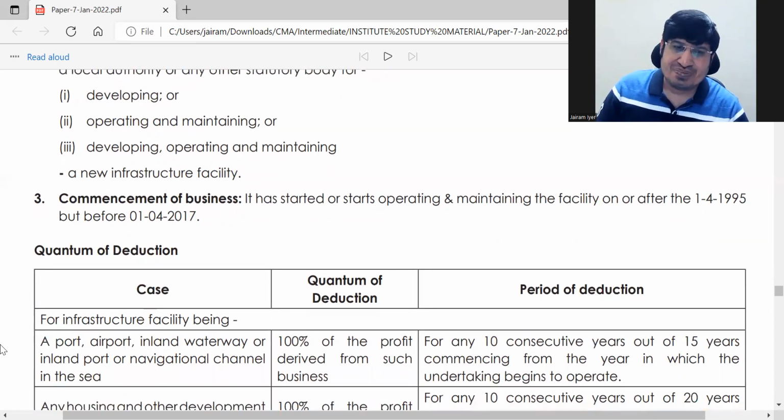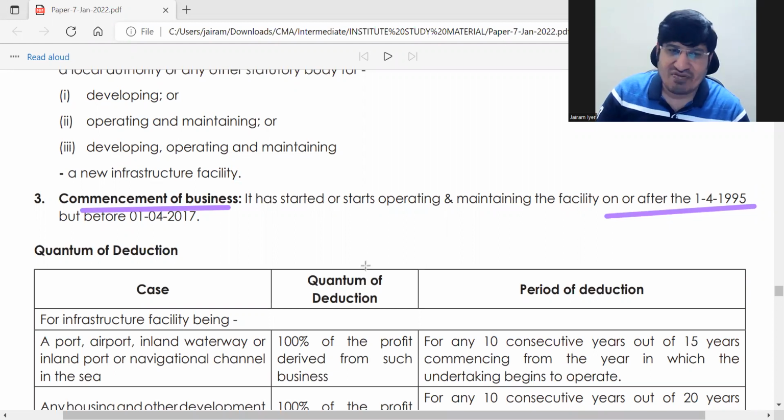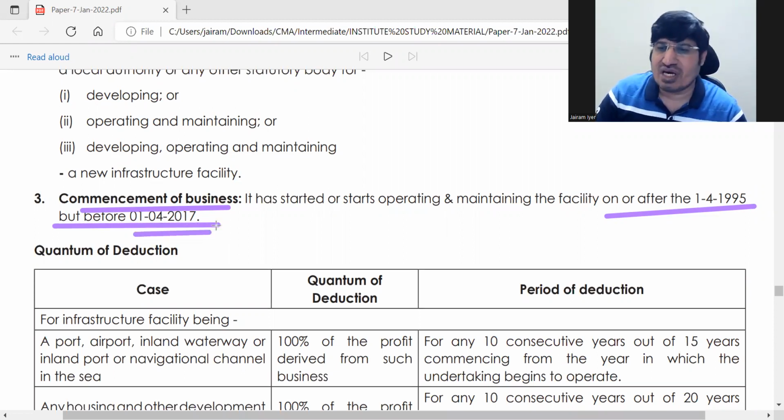So then commencement of business: it must start commencement of business on or after 1/4/1995, but before 1/4/2017. For other sections also you will have this date, before 1/4/2017. So this you can remember.